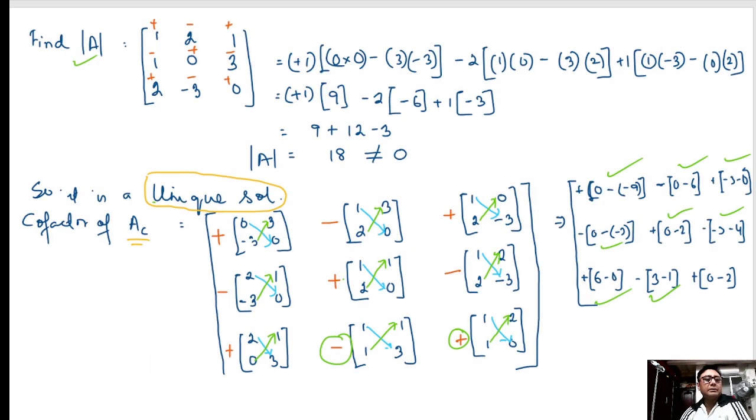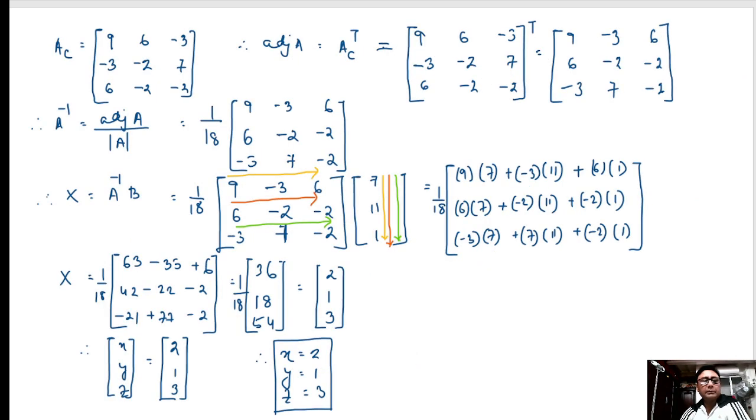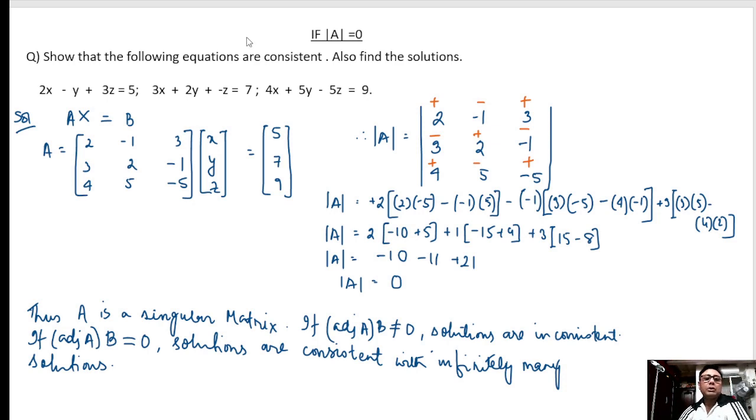So now let's see the next part, friends. This we have already done. Let's see. Show that the following equations are consistent. That means, first of all, make your matrix. Okay. So 2x minus y plus 3z, that means I will take 2, minus 1 and plus 3 in the first row.